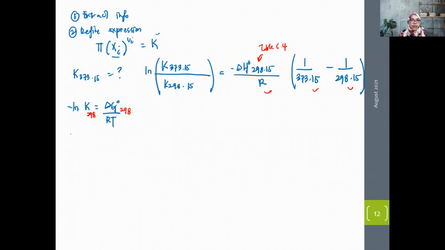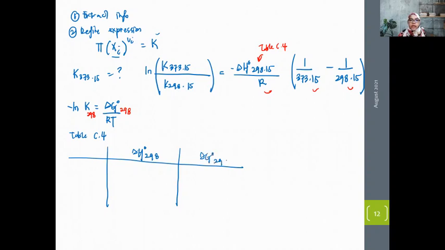So from table C4, list all the species first, since we need to obtain delta G and delta H to be inserted into this equation.